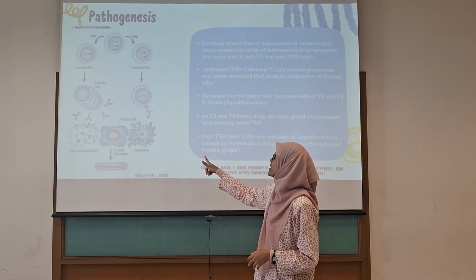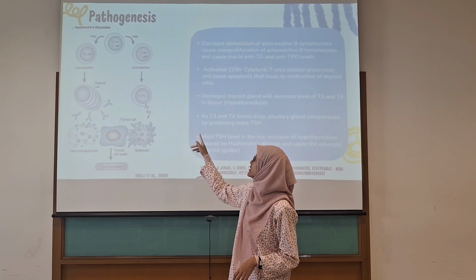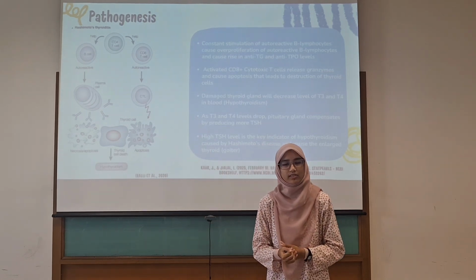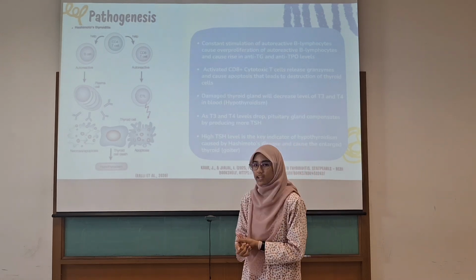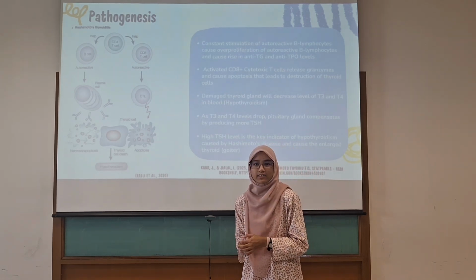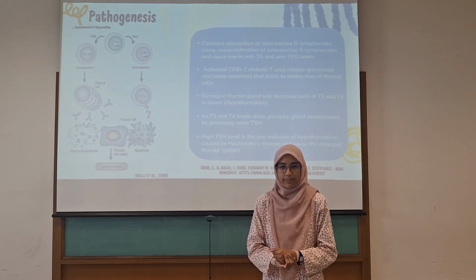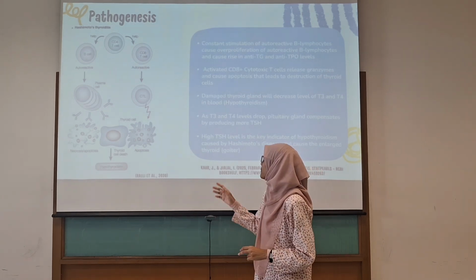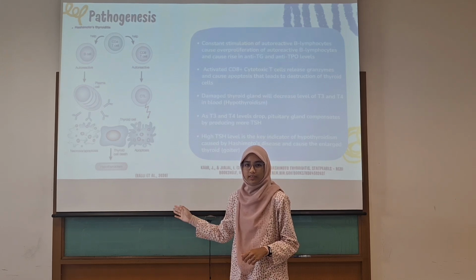As you can see in the diagram, the CD4 plus T cell also helps in activating the CD8 plus cell, or cytotoxic T cell, which is also an autoreactive cell. This activated cytotoxic T cell will release granzyme, which will make the thyroid cell undergo apoptosis and lead to the death of the thyroid cell.